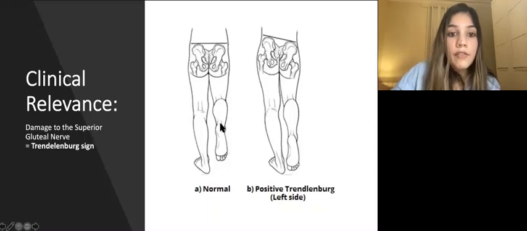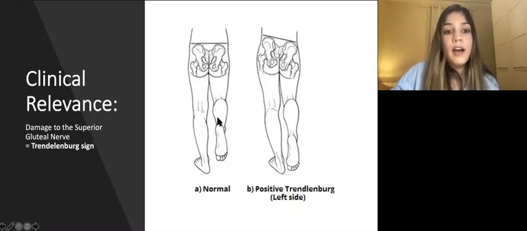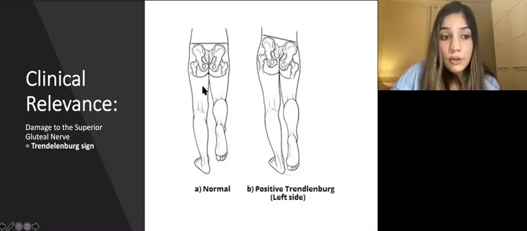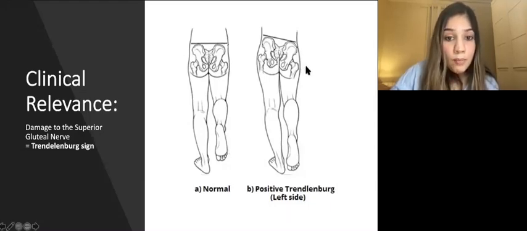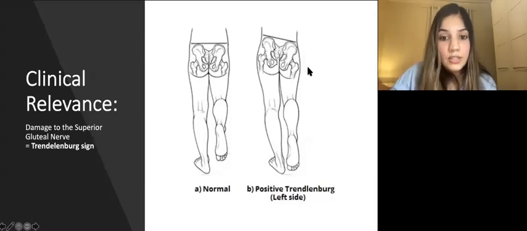Normally, if you lift one leg up, you should not get a pelvic drop. However, if you have injury to the superior gluteal nerve and it's affected one of the two muscles, you can get a pelvic drop, which is also known as the positive Trendelenburg sign. And usually this pelvic drop happens on the unsupported leg.